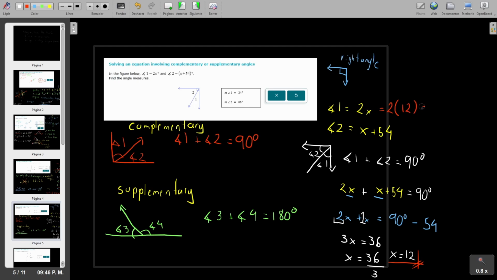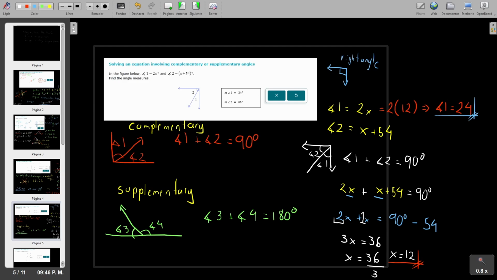So I can put that, and no, not x. It was never x. It means that angle 1 is going to be, how much is 2 times 12? That is correct, 24. Angle 1 equals 24.